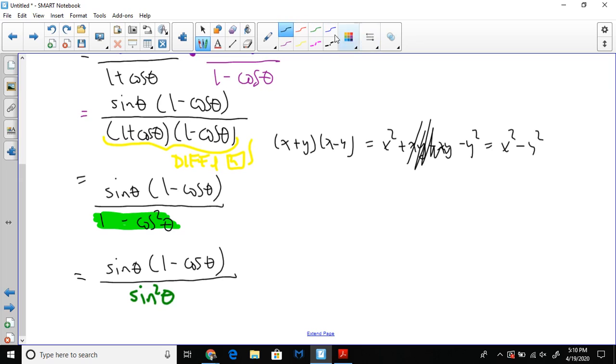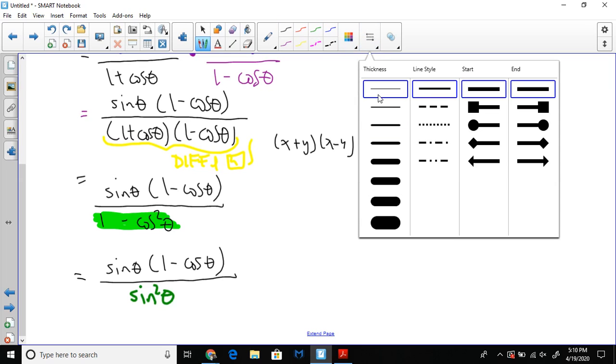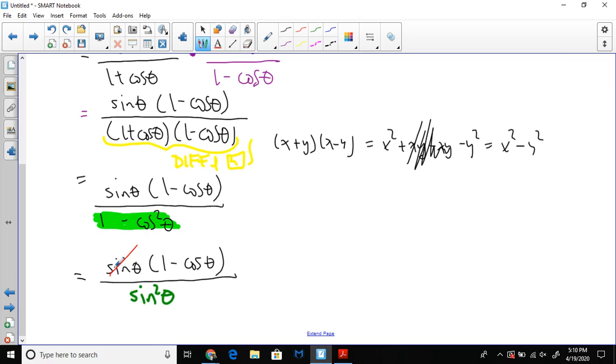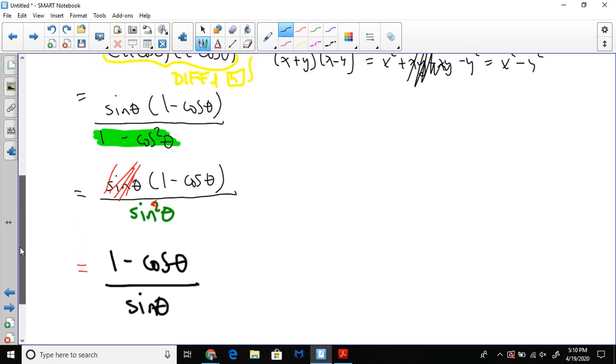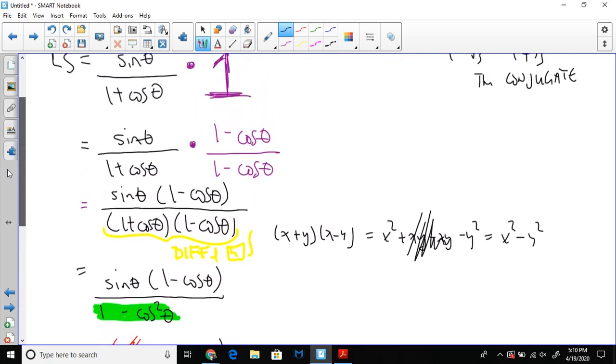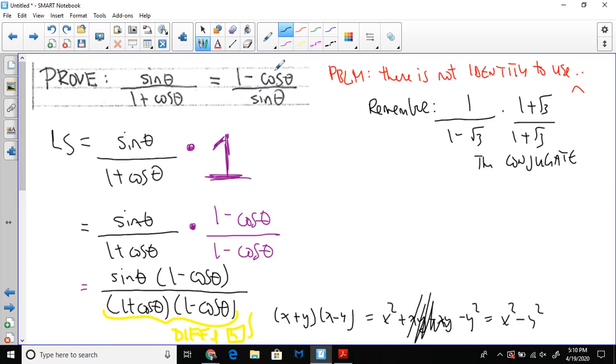Then that sine theta goes away, and I'm left with one sine theta underneath. So I'm going to have 1 minus cos theta over sine of theta. And if I go all the way up to the other side, that is what I'm supposed to prove that it is.